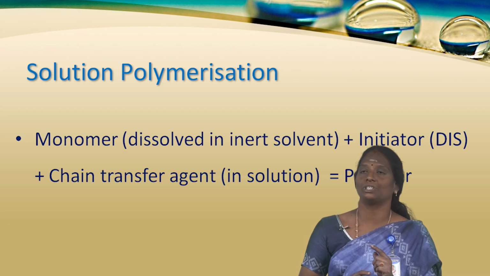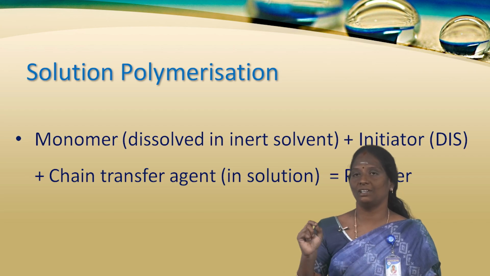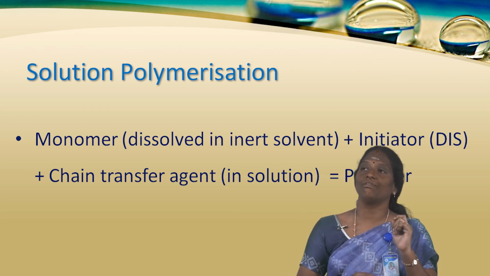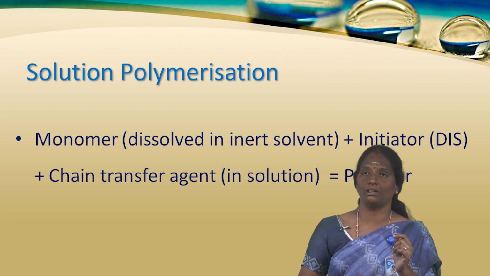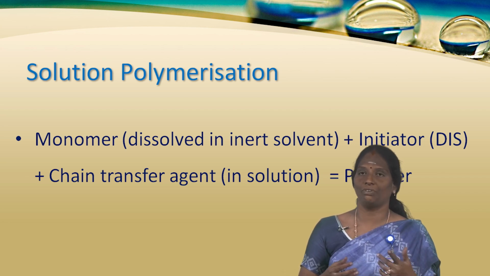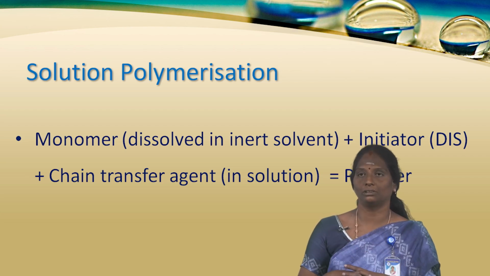Solution polymerization requires solvent recovery and recycling. It is difficult to get very high molecular weight polymer. So, by this method, we do not get very high molecular weight polymers.